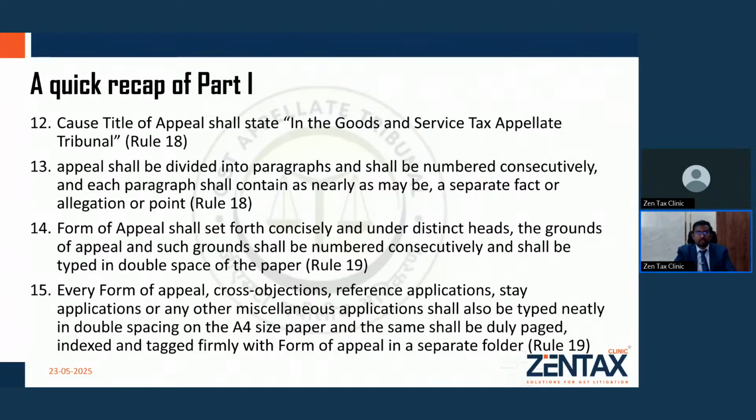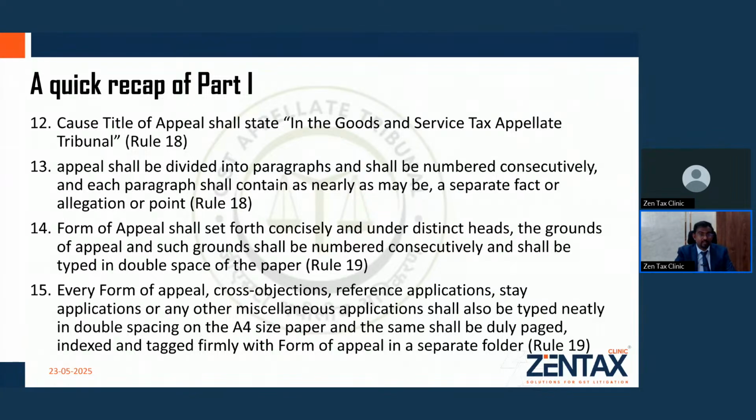So the way it has to be constructed is that if in serial number 1, the violation of principles of natural justice is disputed, in serial number 2, the validity of the show cause notice on the grounds of limitation would be disputed. In ground number 3, there could be a ground to say that the relied upon documents were not submitted along with the show cause notice, and therefore the validity of the show cause notice is yet again disputed.